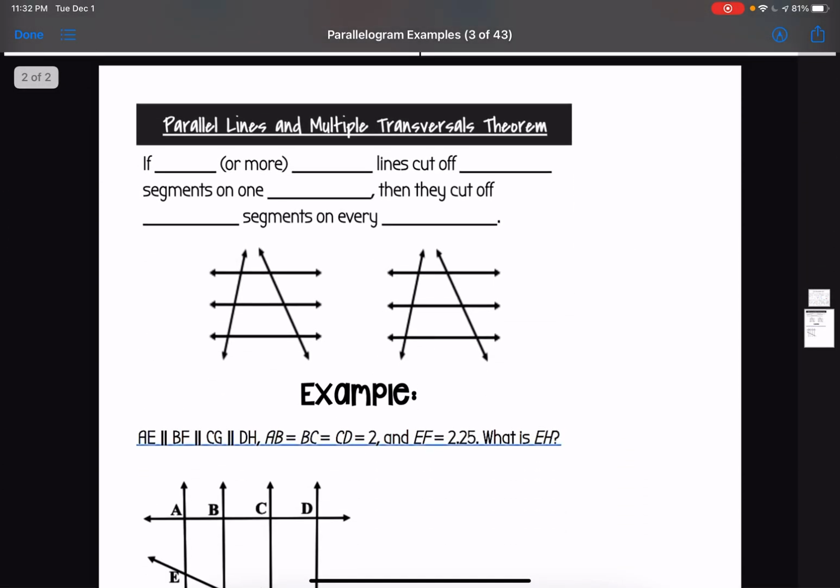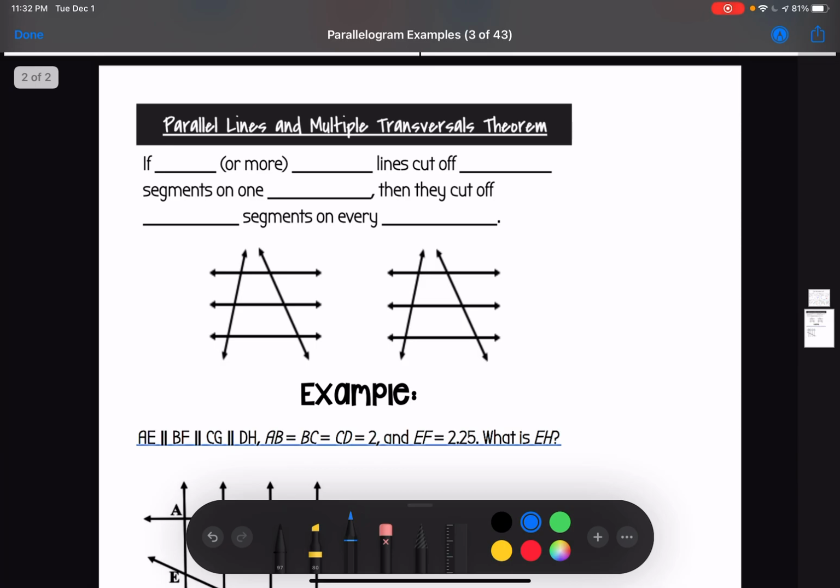All right, there is one more theorem, however, that we need to go over. And that is the parallel lines and multiple transversal theorem.